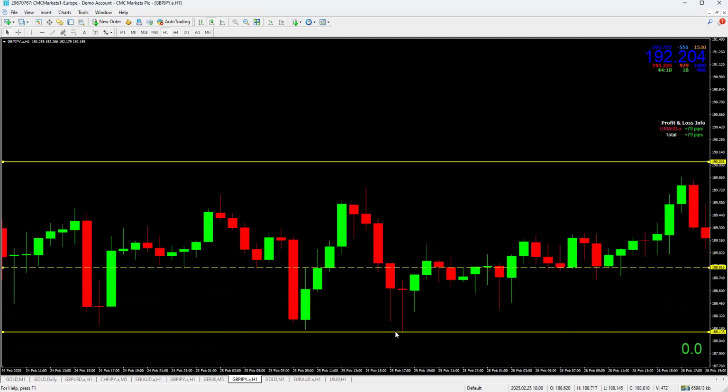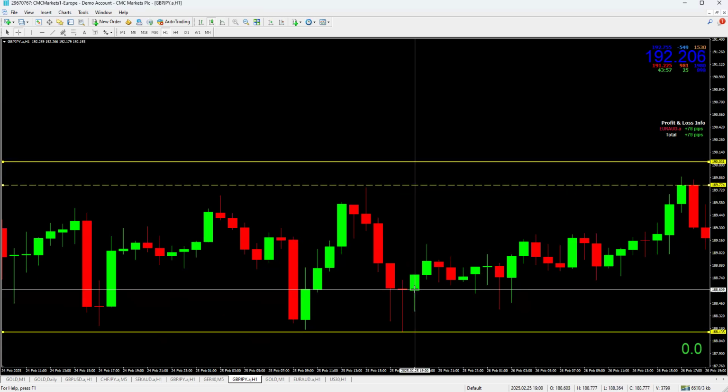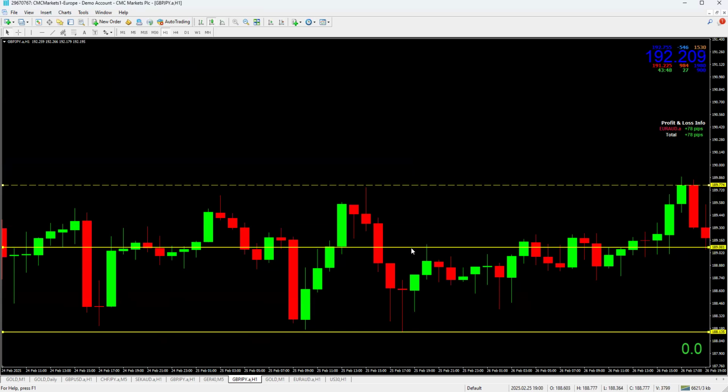Like this one, for instance, the wick at the bottom is definitely longer than the one at the top. So what I would do is measure the longer one, which is like 46 pips, and take it up 46 pips, somewhere there. So this is now the range.